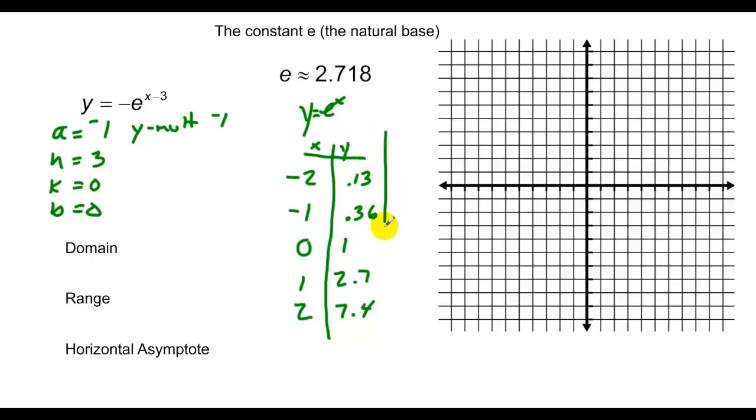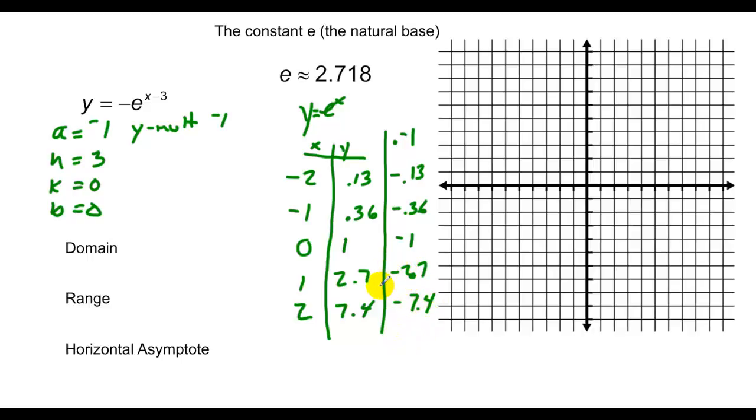And then we're going to multiply those y values by a -1, thus giving me -0.13, -0.36, -1, -2.7, and -7.4.